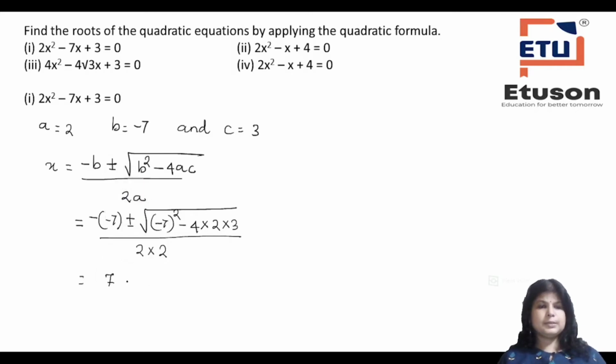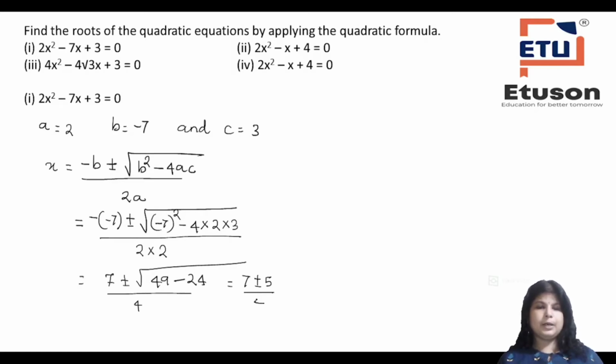Okay, so 7 plus or minus square root of 49 minus 24, divided by 4. So that becomes 7 plus or minus 5 divided by 4.